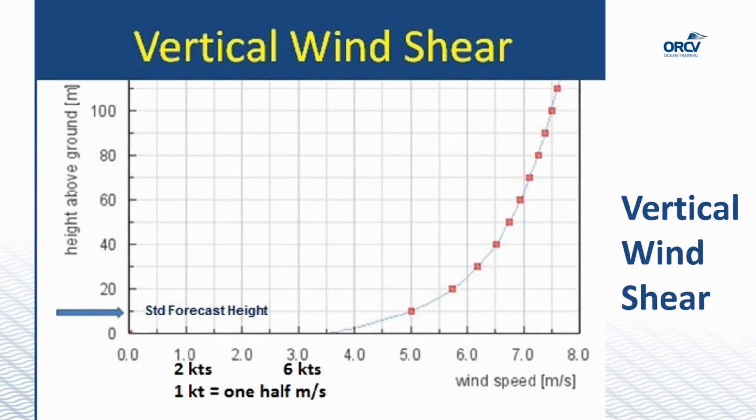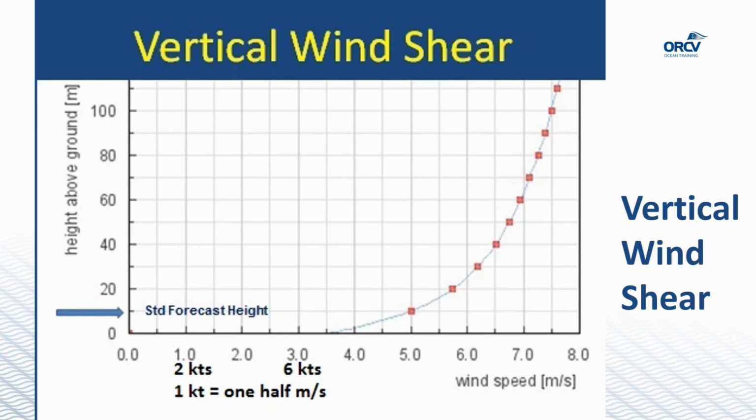So at the bottom of this slide on the graph, we've got 3 metres here, if you can see my pointer. 3 metres is 10 feet, and at 1 metre, a wind of 6 knots at 10 feet high, or 3 metres, would only be showing at about 2 knots.